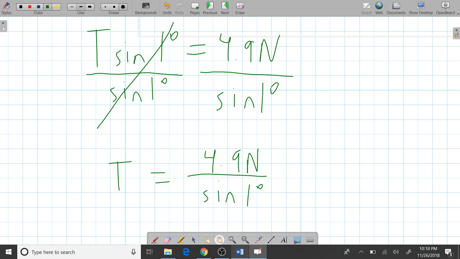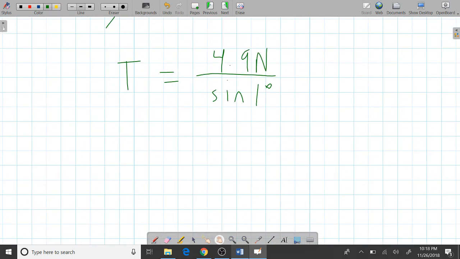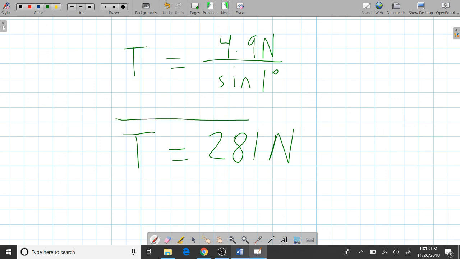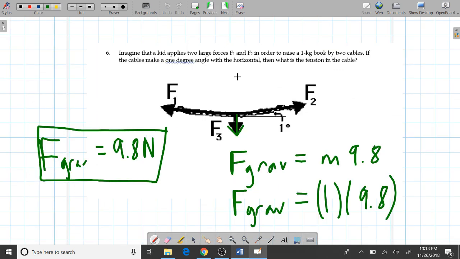When you put that in your calculator, you're going to get a value for the tension. The tension is equal to somewhere around 281 newtons. So that's our final answer. 281 newtons represents this tension force acting here.